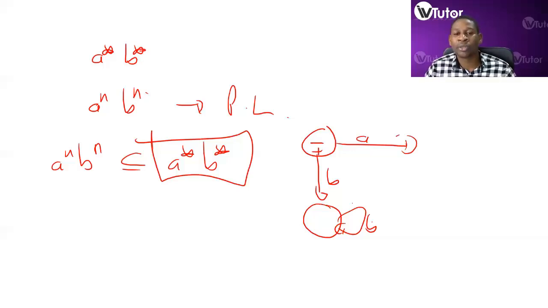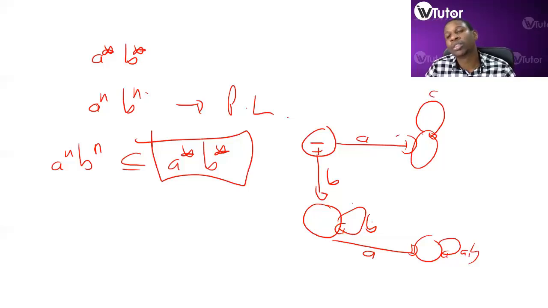And then if you encounter an A after this, you go to a looping state. You are not supposed to have an A after B's. And then if you have an A, you could have as many other A's as you could. And then once you have a B, you could go here with a B, and that's it.